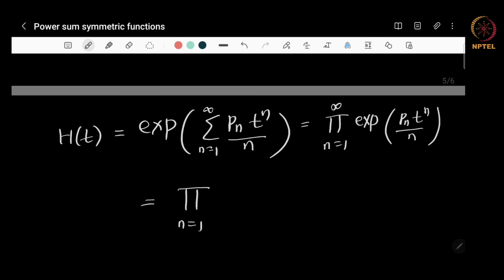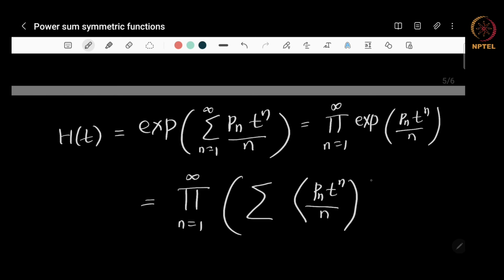So each term looks like summation p n t power n by n raised to some power, and that depends on n in this case. So let's say this is some alpha n by alpha n factorial, where alpha n goes from 0 to infinity. So I'm just giving the various summation indices different names.